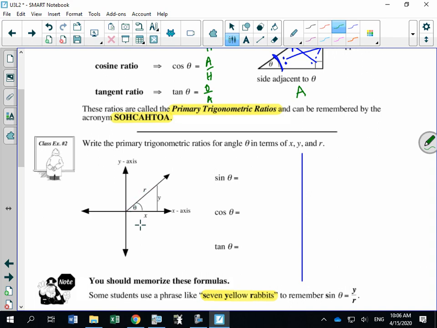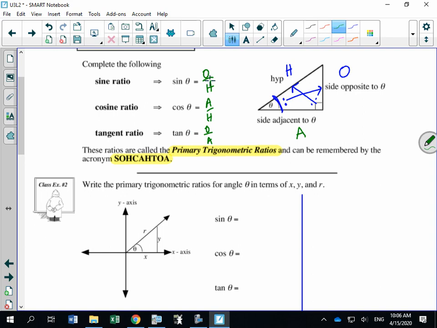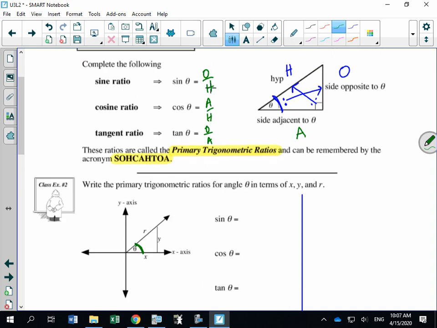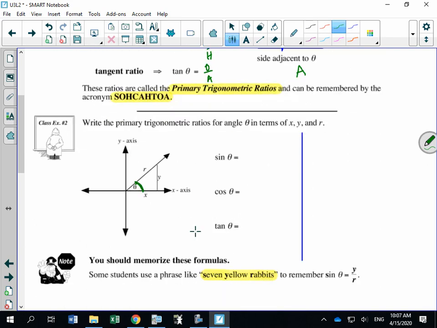Sine from this example of your given angle is opposite over hypotenuse, but I don't want to use the letters O and H anymore. My opposite is y and my hypotenuse is r. So the sine ratio we're going to use in 20-1 and 30-1 will not be O over H anymore. The sine ratio is going to be y over r.